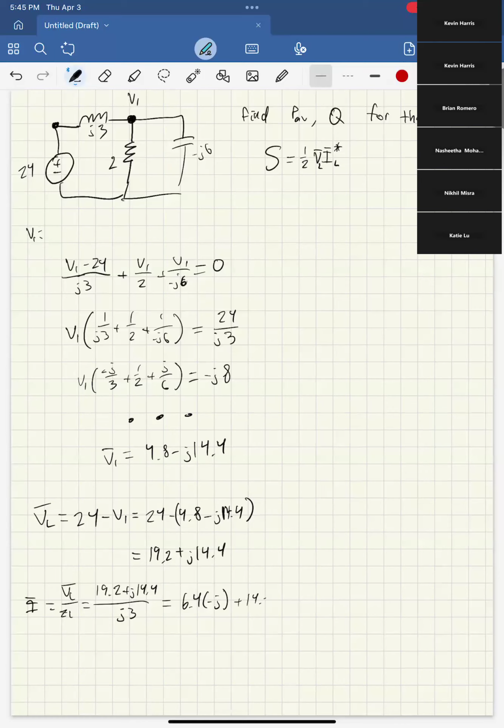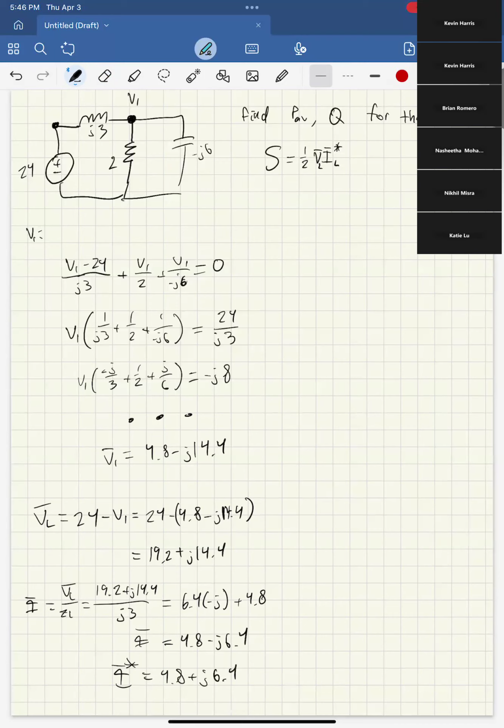Let me just check my work. Not 14.8, sorry, this is 4.8. Then we get 4.8 minus j6.4. So this is I bar. Then I bar conjugate is 4.8 plus j6.4.